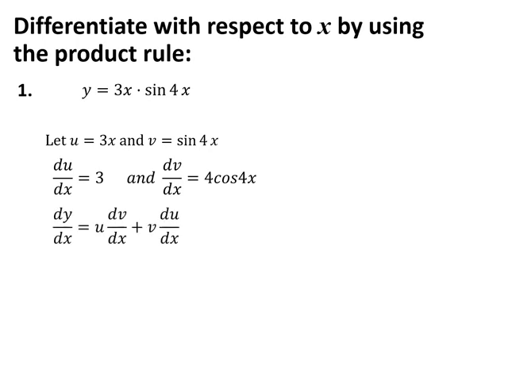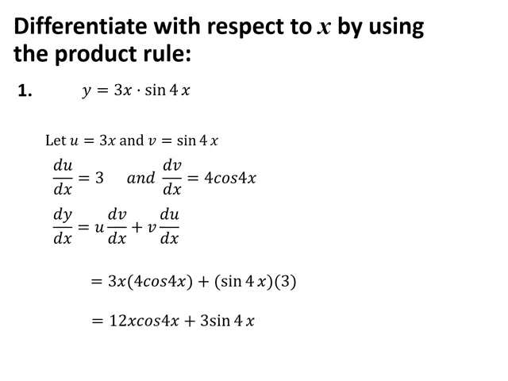Our formula is that. So the next step would be to substitute your u, your du over dx, your v, and your dv over dx. Do the substitution like that. Then simplify by removing the brackets. And that is your derivative using the product rule.